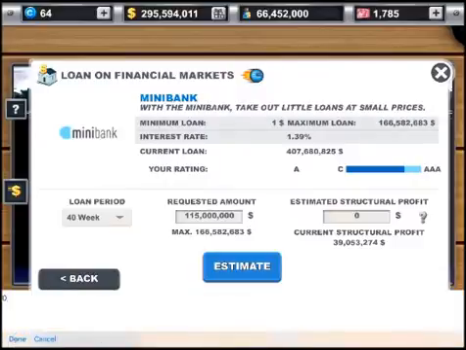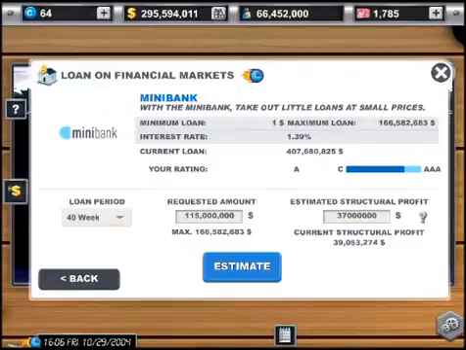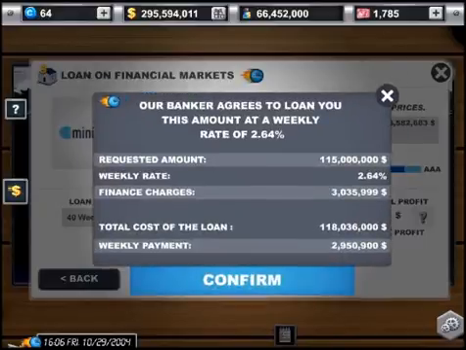Now, remember I said there was almost $35 million of structural profit, and they want you to guess where you're going to be in a week. And we're buying a new route, and I think it's going to be about $3 million of profit from that route. So let's just say 37 million estimate. And okay, so $115 million.